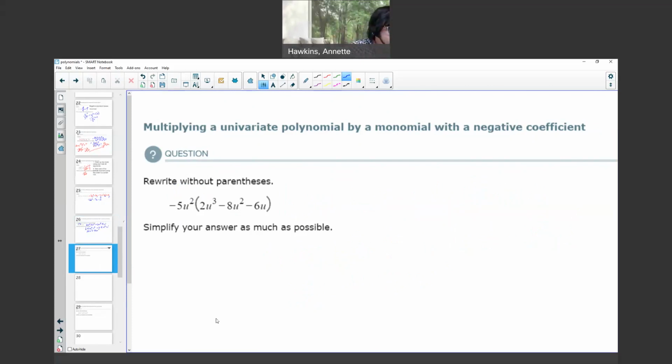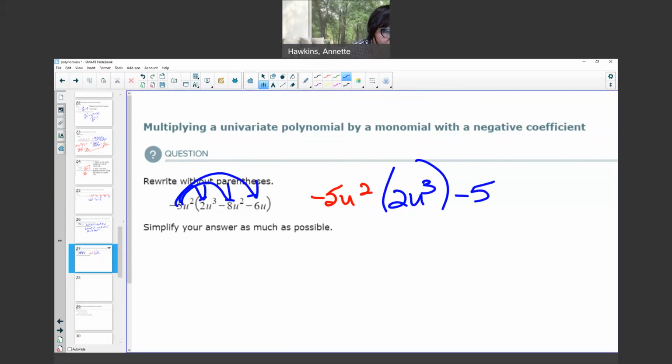So this is negative 5u squared times everything in here. Okay? So it's negative 5u squared times 2u cubed, minus 5u squared times negative 8u squared, minus 5u squared times negative 6u.